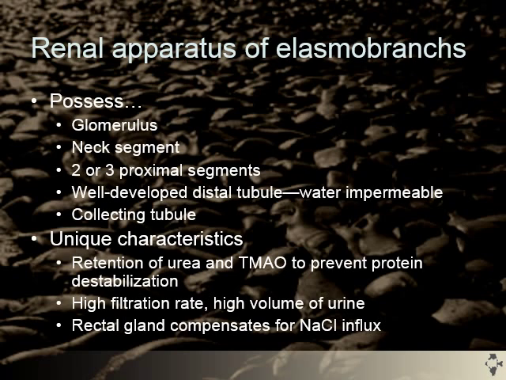Remember, the typical osmolality for a marine osmoconformer is about 1,100 milliosmoles per kilogram relative to their environment. So they are going to be facing an influx of water, and so they do have a slightly higher filtration rate than marine teleosts to compensate for that.